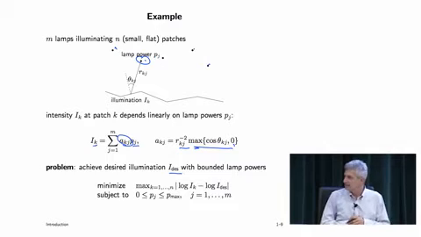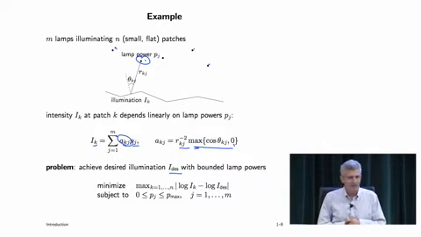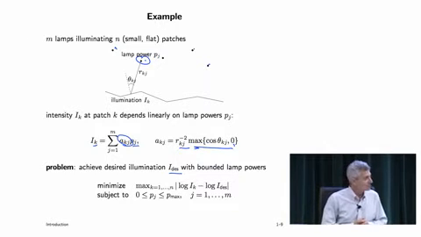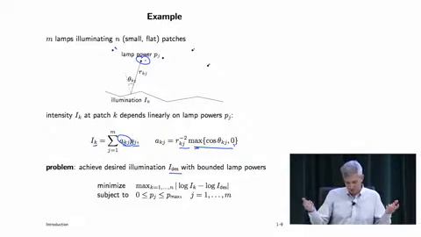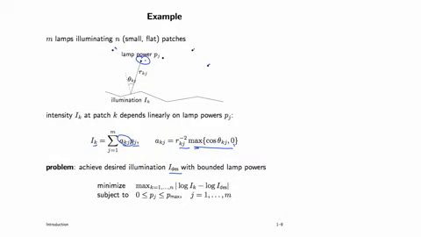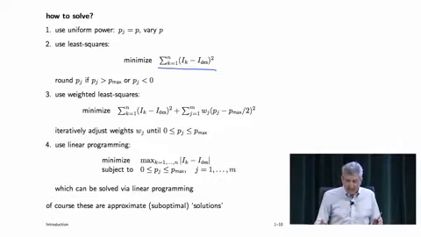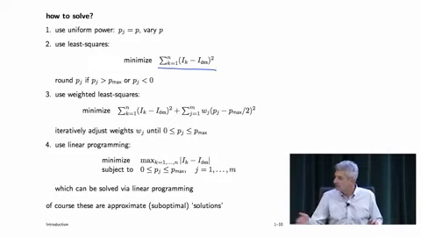It'll spray darkness onto the patches, right? And it'll just kind of adjust everything, and you'll do really well. But it's not relevant that you do well because it doesn't work. It violates the constraints.